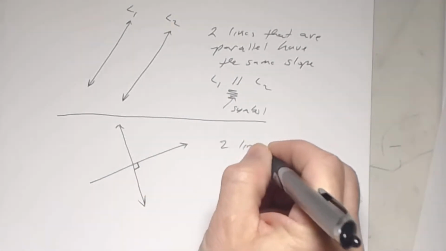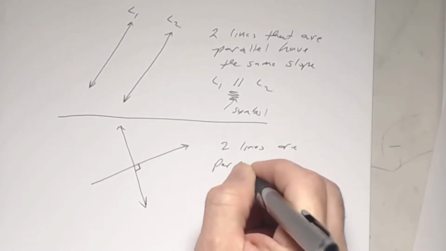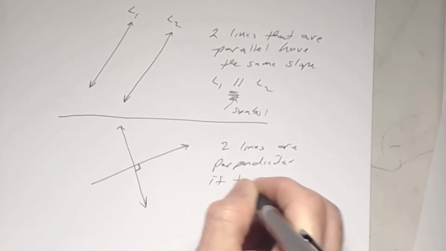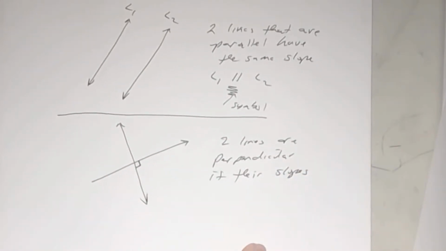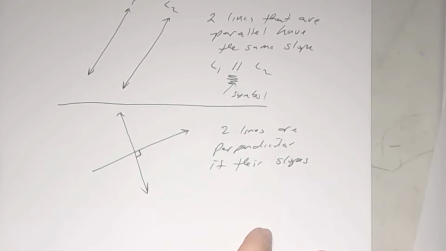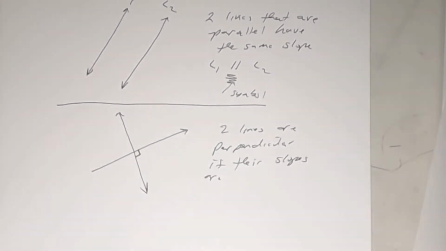2 lines are perpendicular if their slopes are negative reciprocals of each other. They're not equal. If they were equal, their lines would be what?